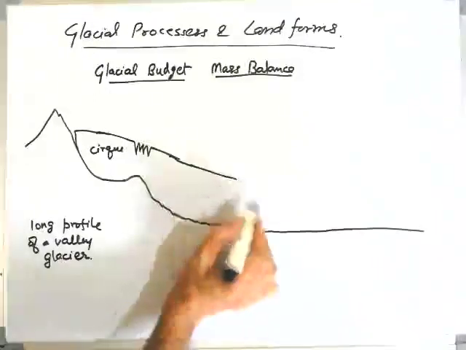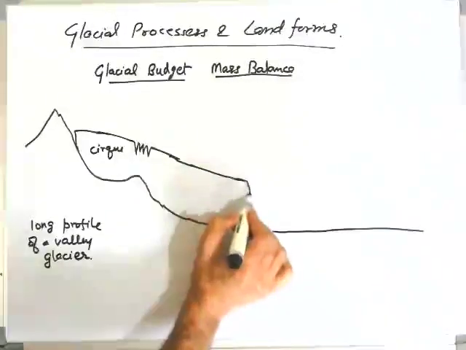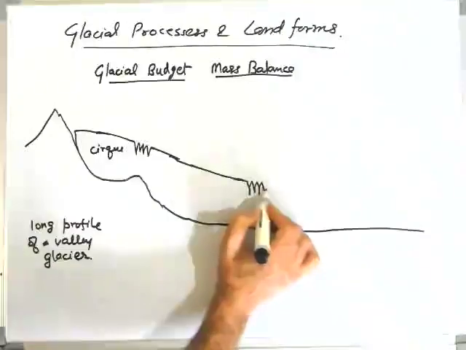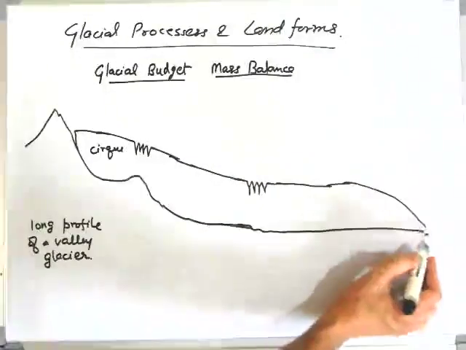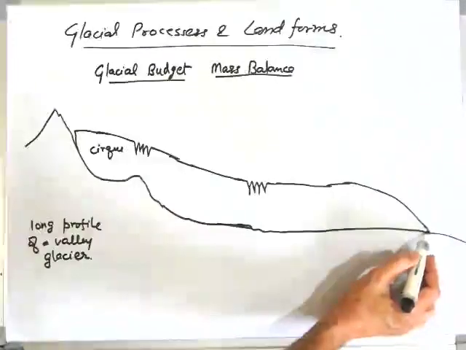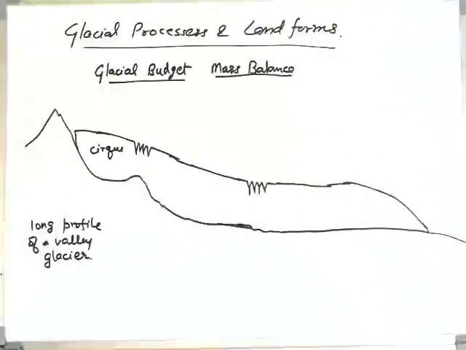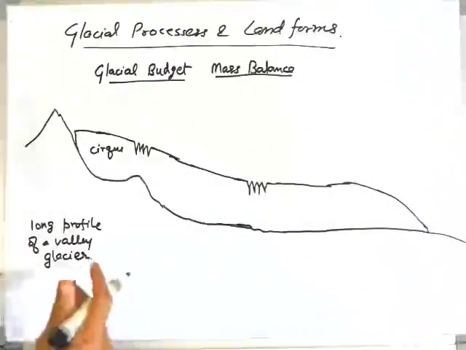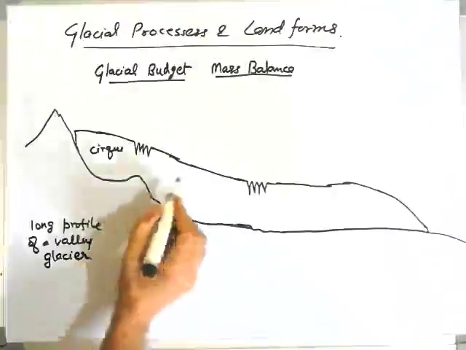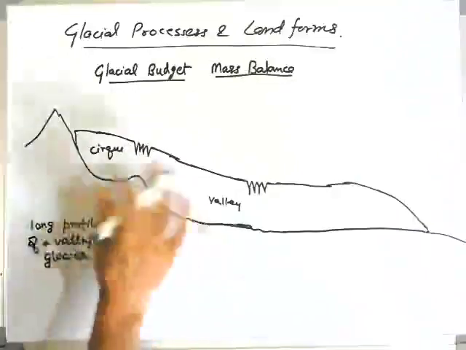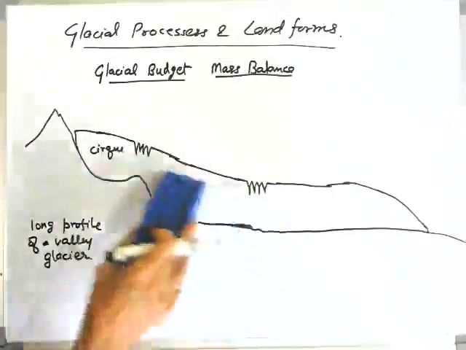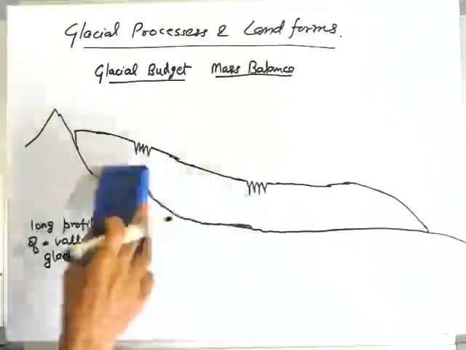So these will be reflected in the top of the glacier in the form of crevasses, and then this comes to an end over here. This is the valley glacier, this is the cirque glacier. It doesn't matter whether it is the valley glacier or the cirque glacier because they are all interconnected.